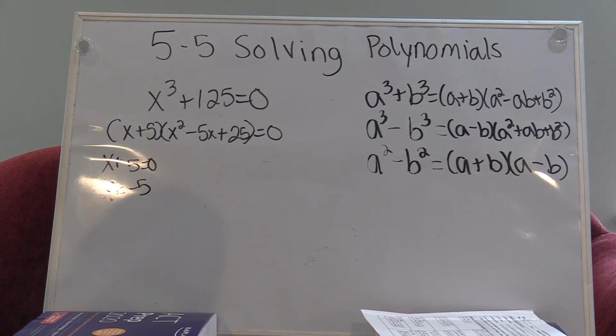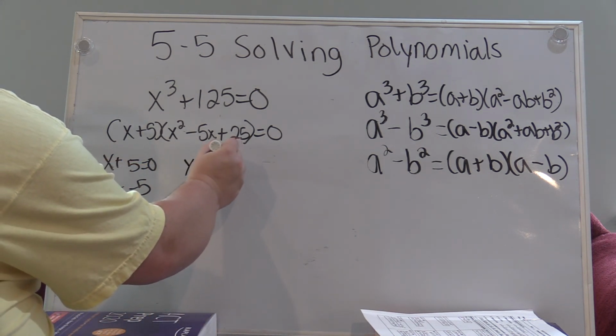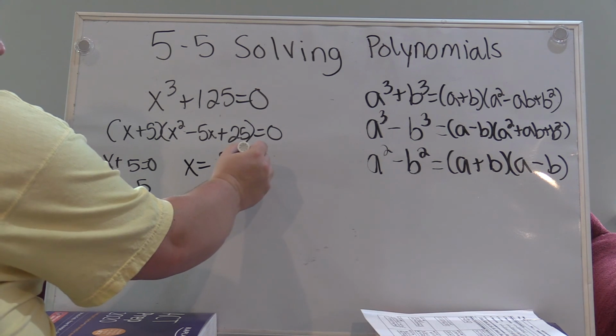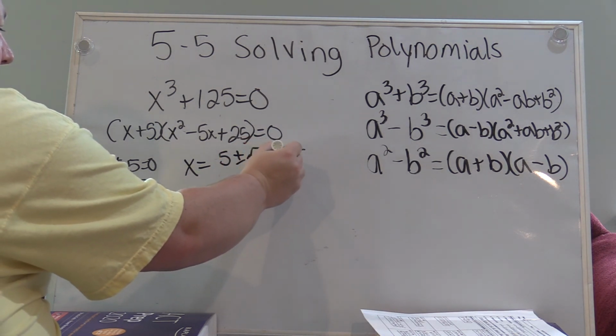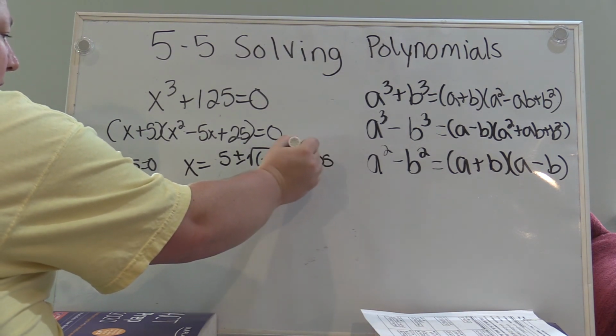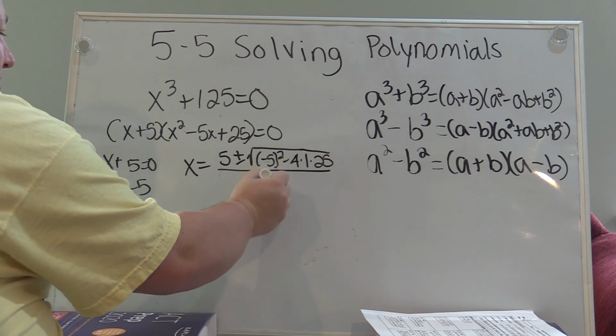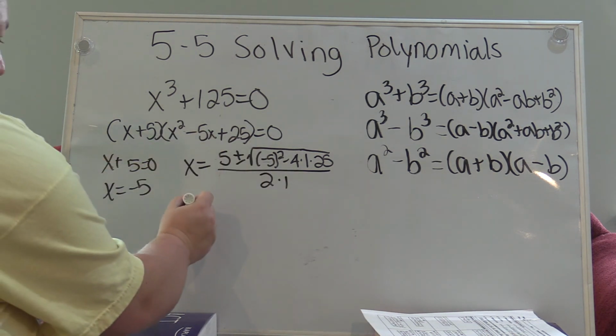So we have to use the quadratic formula. Remember, the quadratic formula is -b plus or minus the square root of b squared minus 4 times a times c, all over 2a. Now I'm going to play the simplification game.